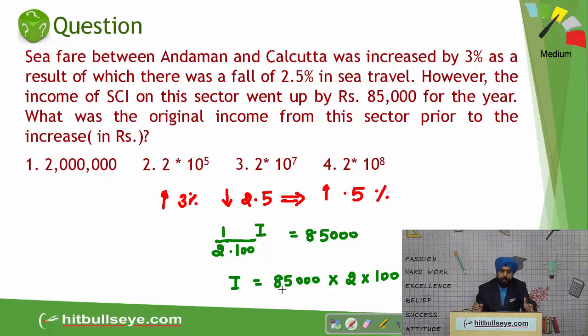Now how can you take 85,000 as close to 1 lakh or 10 raised to power 5 into 2 into 10 raised to power 2. So it becomes 2 into 10 raised to power 7. That is your third option is your answer.